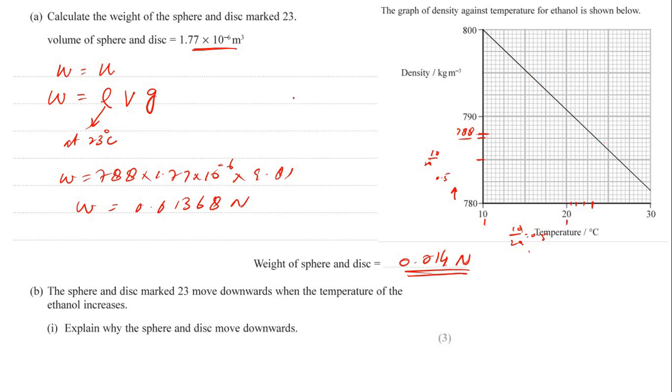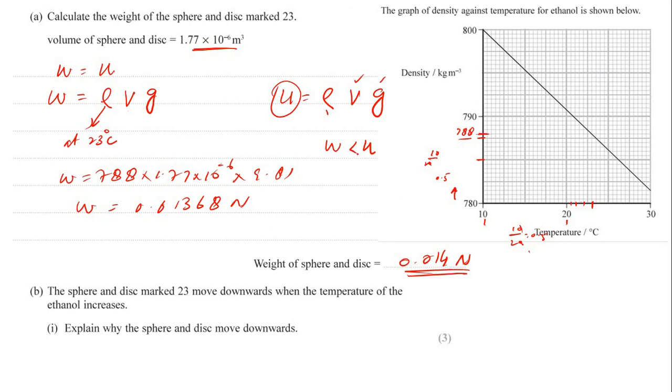Remember, upthrust depends on density, volume, and acceleration due to gravity or gravitational field strength. Volume is not changing, g is not changing, but due to temperature, density is decreased. Density decreased, upthrust decreased. So weight is greater than upthrust. That's why it is accelerating downward.